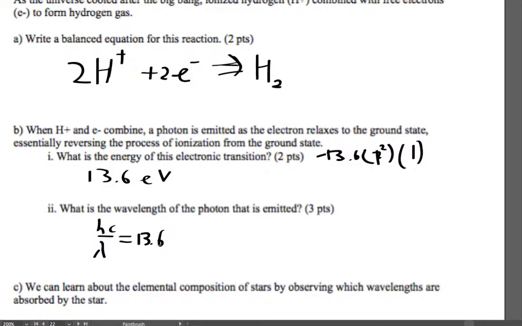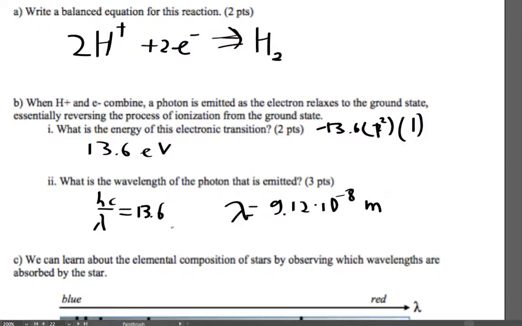There we go. So the lambda here is 9.12 times 10 to the power of negative 8 meters.